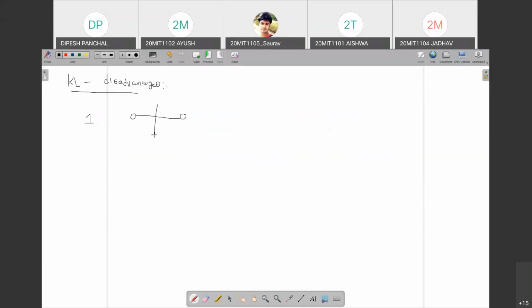This algorithm is not applicable in a case like this: a single net which is connected with more than 2 nodes. Here it is 3 nodes. A single net connected with only 2 nodes we call an edge.